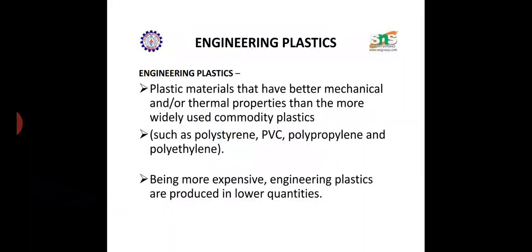A plastic material that has a different mechanical property or thermal property that's higher than the normal plastics. Normal, or we can say commodity plastic. The plastics which we use, PVC, polyethylene, we call them commodity plastics.